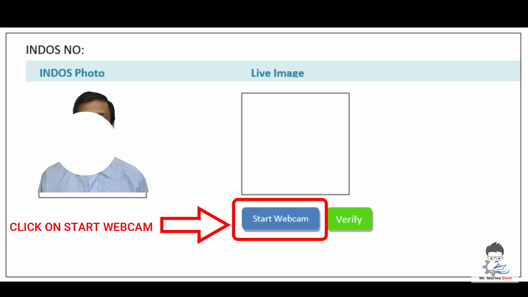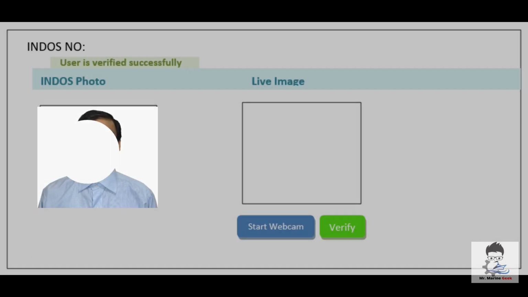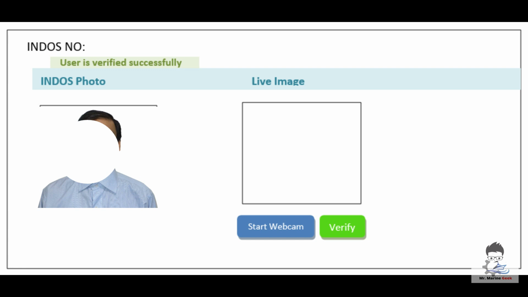Click on Start Webcam. Click on Capture Image. Click on Verify. If the Indos profile photo is matching, then we will be able to see this message: User is verified successfully.